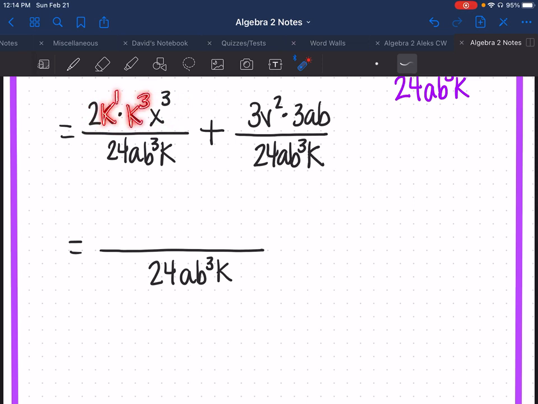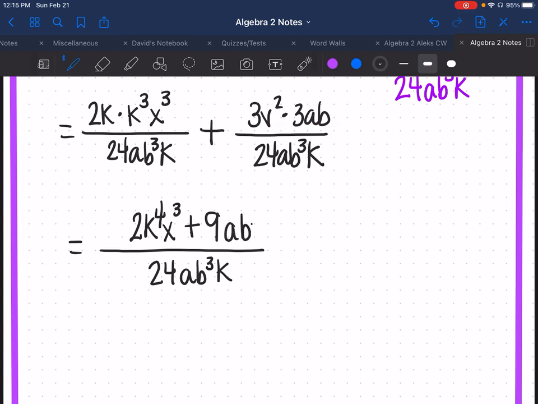So I'm going to have this 1 K and I'm going to add to it the 3 K's. That's going to give me 4 K's, and then the X to the third stays. In my second numerator, I am going to multiply 3 times 3. And then since all of my variables are different, I'm just going to put them in alphabetical order. So 3 times 3 is 9, A, B, V squared.